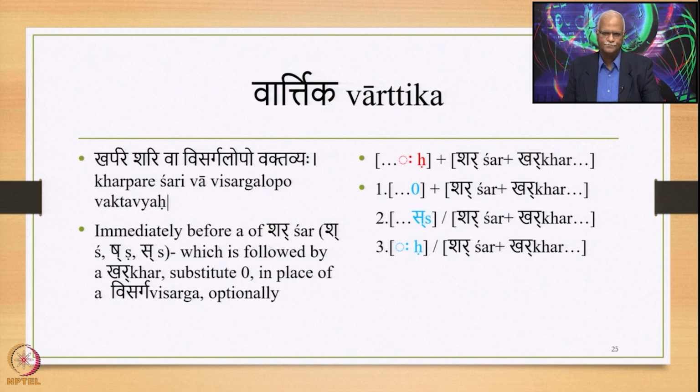So if we have visarga plus shar as the input, the output is first 0 plus shar as stated by this particular sutra, and then we have optionally sa plus shar, and then we apply vashari. So there is another option. So there is also the visarga plus shar. So there are 3 options that are possible as examples of this particular vartika.